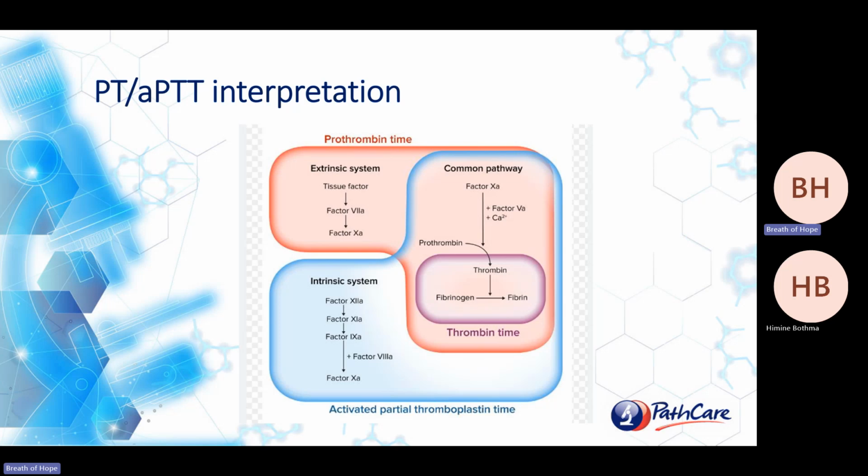You can see that your PT, or your extrinsic system, is mainly factor 7 and then 10 and even factor 5. So just keep in mind, those are 3 of your 4 vitamin K dependent clotting factors, which is why the PT is the one used to calculate the INR and for warfarin management.